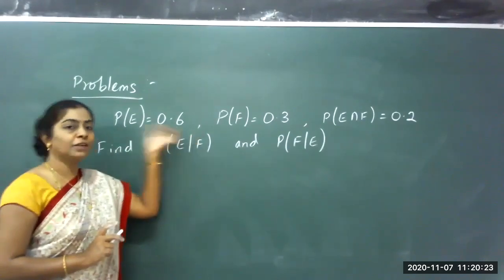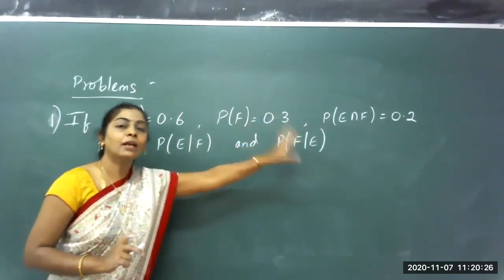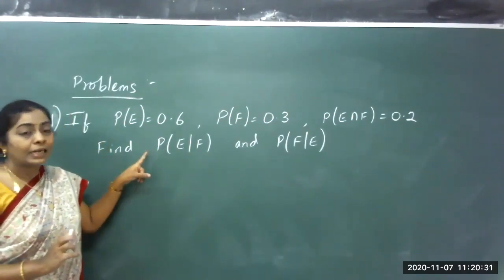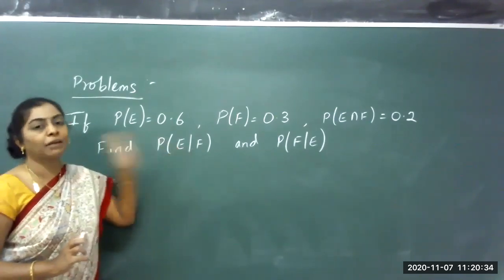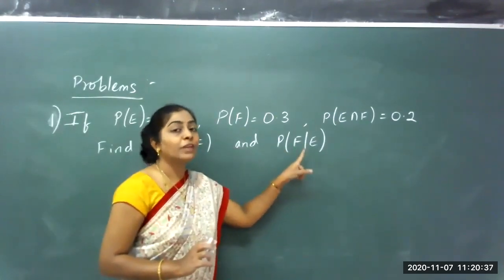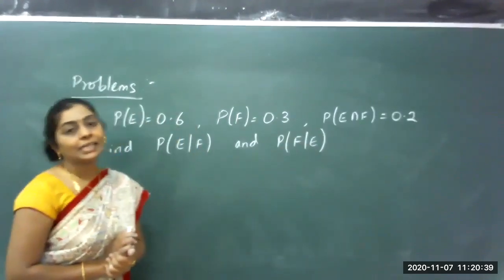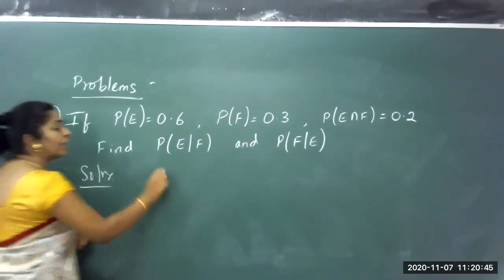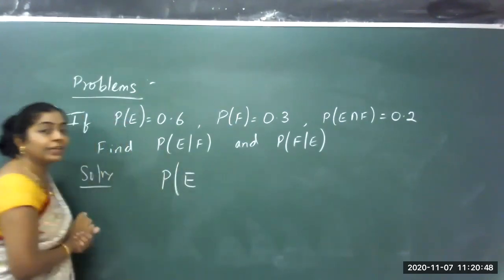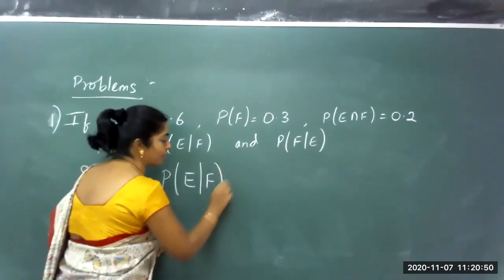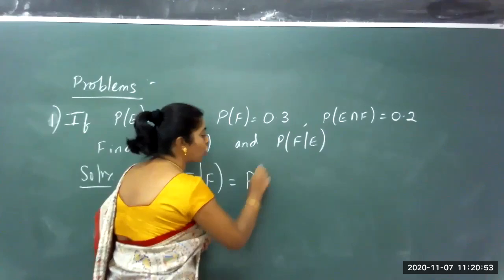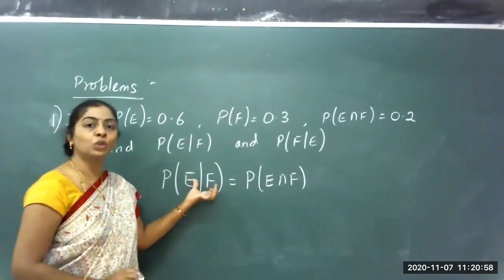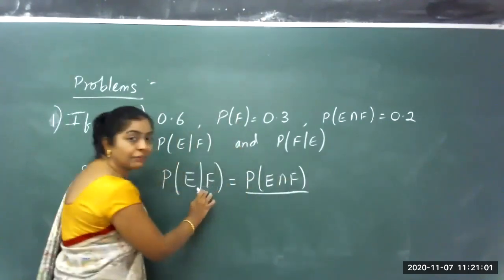We are given the probabilities of different events: E, F and E intersection F. They have asked you to find two conditional probabilities: the conditional probability of event E when F has occurred, and the conditional probability of event F when E has occurred. Let us try to solve this. We consider the first one. The definition says the conditional probability of E when F has occurred is given by the probability of the intersection of the two events divided by the probability of the event which has occurred.